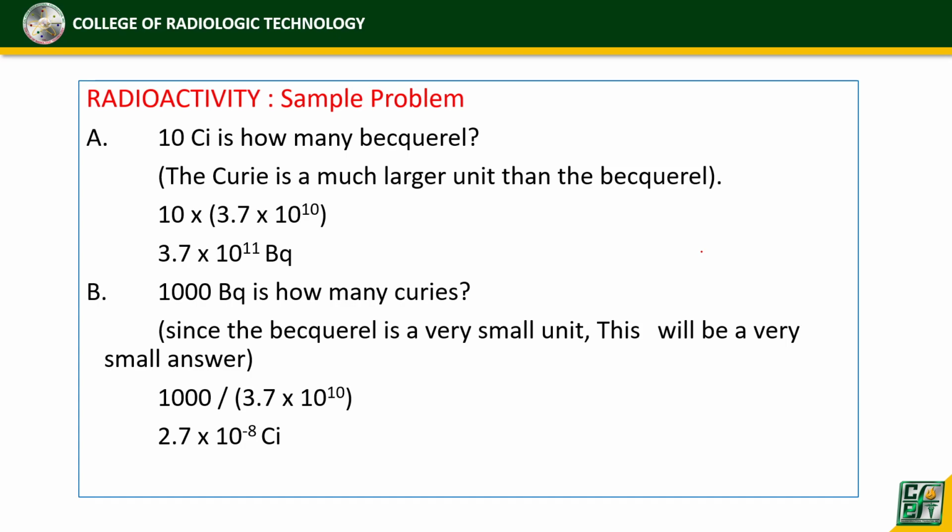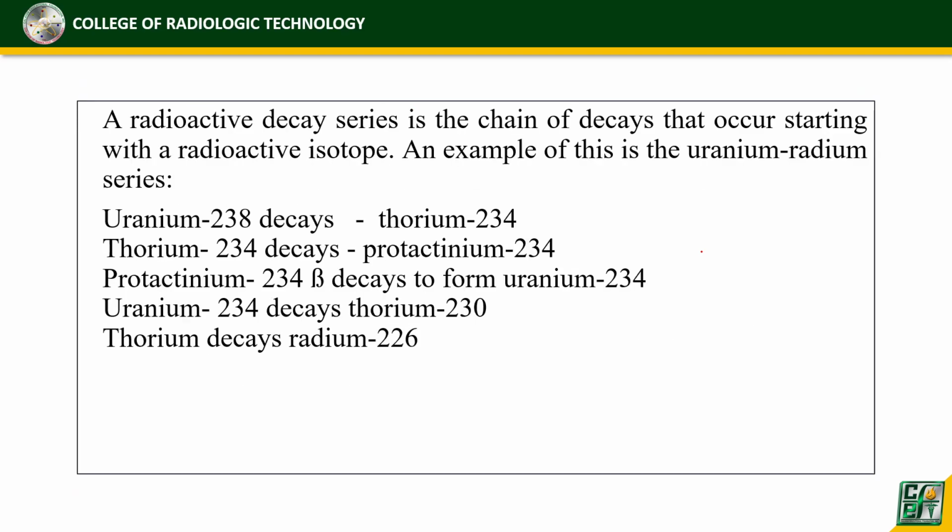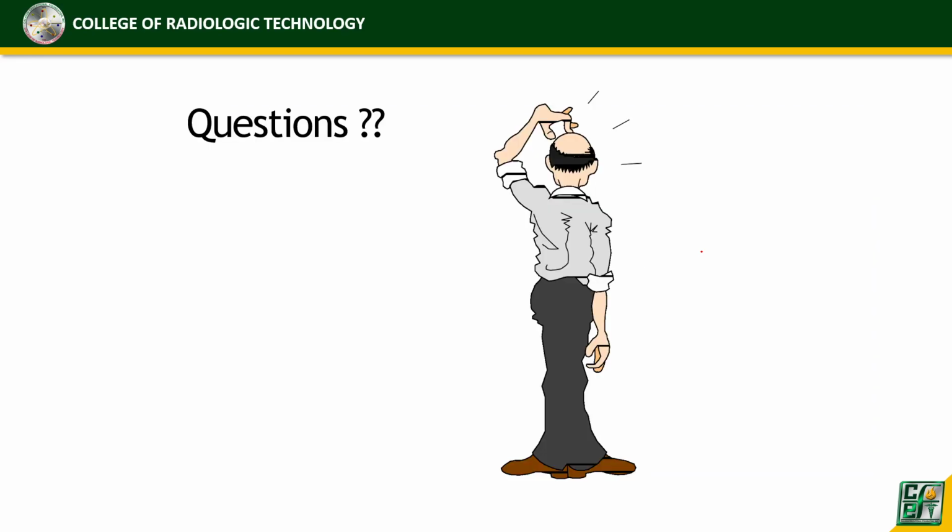So 1,000 divided by the value of 1 curie to becquerel, which is 3.7 times 10 raised to the 10 power. Okay, so hindi na to kailangan. Do you have any questions?